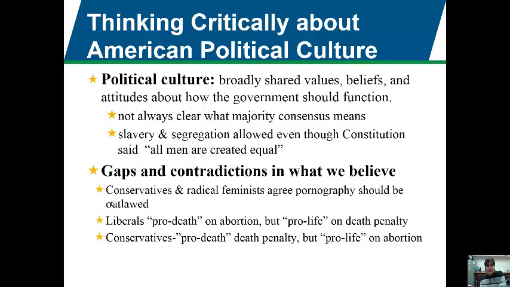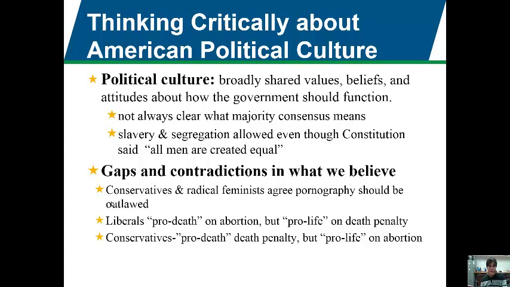And so political culture is not always clear about what majority consensus means, even though we agree on certain things about equality. How it plays out doesn't necessarily always have a majority consensus. So, for example, we've always valued equality in America, and however, for a long time, America had a history of slavery and segregation. Slavery and segregation was allowed, even though the Constitution said all men are created equal.